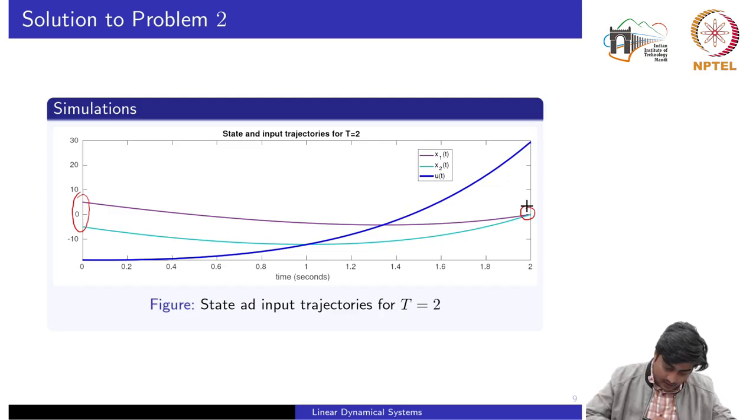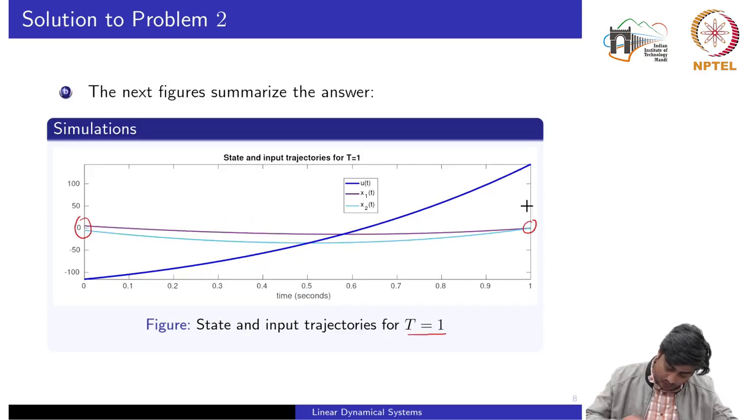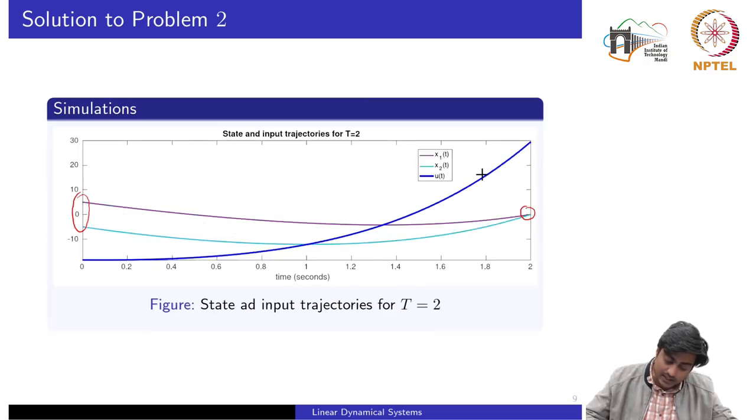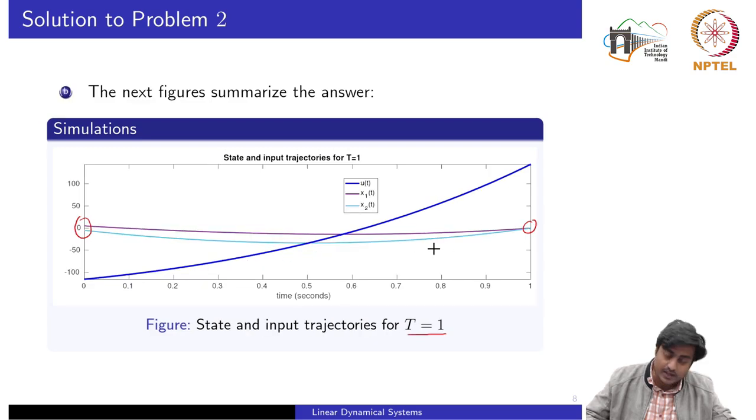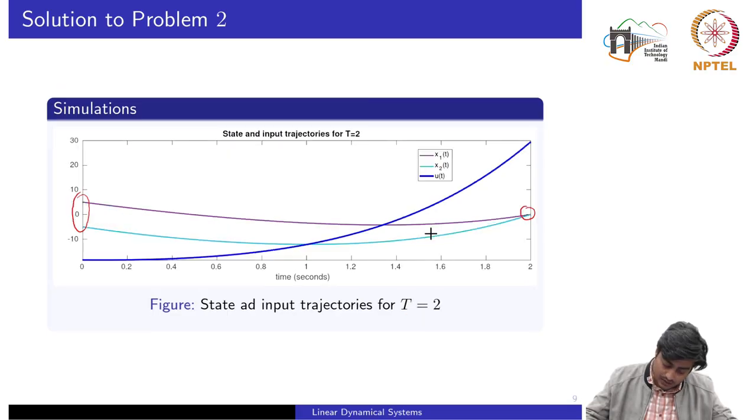One thing interesting to note is that once we have lengthened the time from T equal to 1 to T equal to 2, the energy required in the control signal is quite a bit less than what it was at T equal to 1. We will also do some computation to quantify the amount of energy used in the control signal.